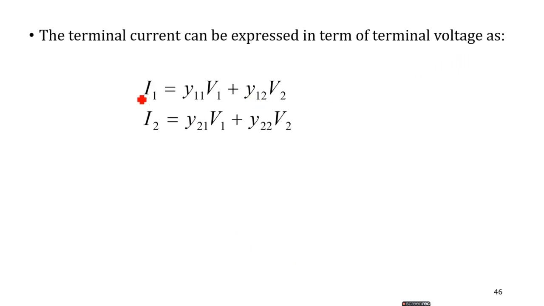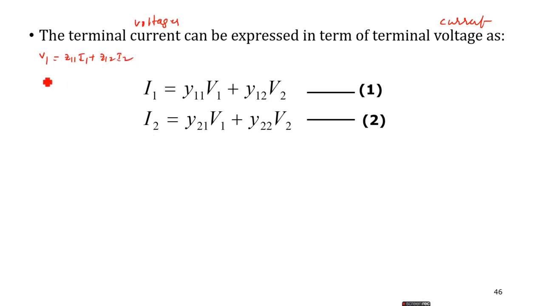The terminal currents are expressed in terms of terminal voltages using this formula. They are called equation number 1 and 2. In the case of Z parameters, terminal voltages are expressed in terms of terminal currents, so the equations were V1 equals Z11 I1 plus Z12 I2, V2 equals Z21 I1 plus Z22 I2.